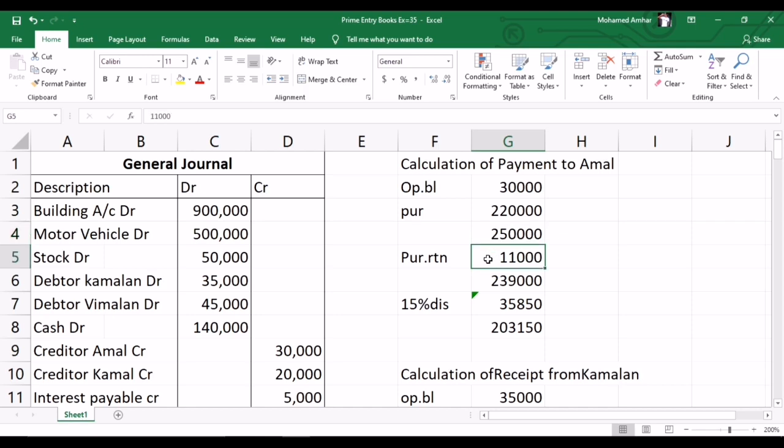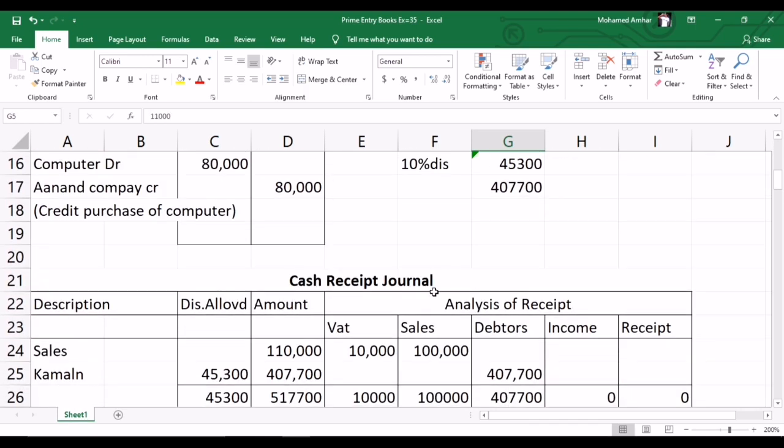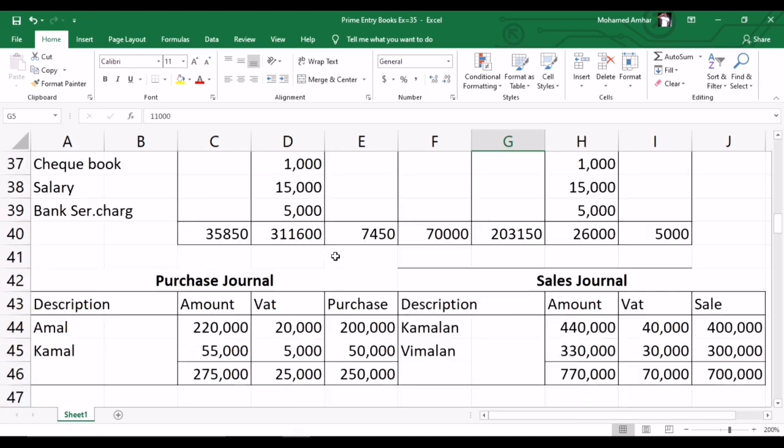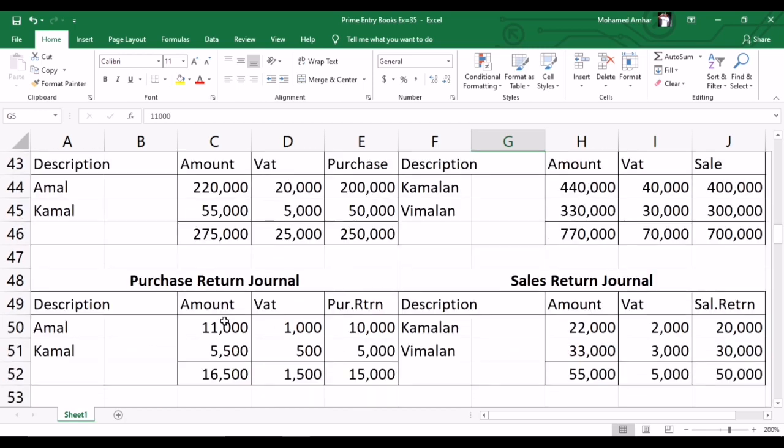And you can find out whether there is a purchase return. If so, you can find this where? If you check the purchase return journal, see purchase return journal. Here, Amal, 11,000 value of goods have been returned to Amal, no?